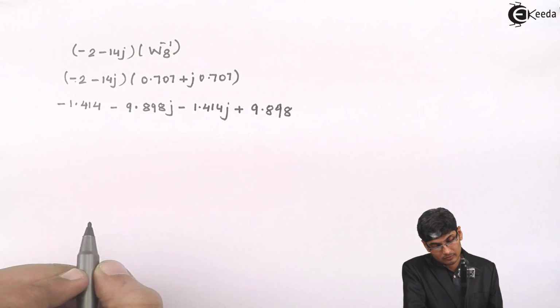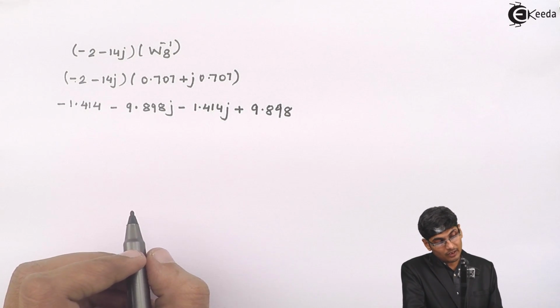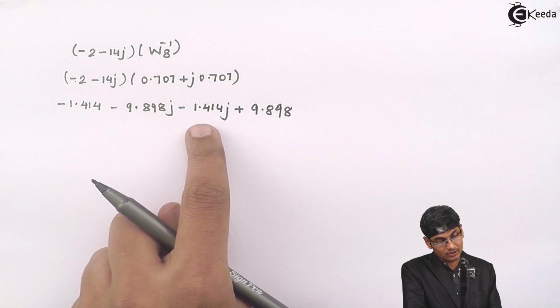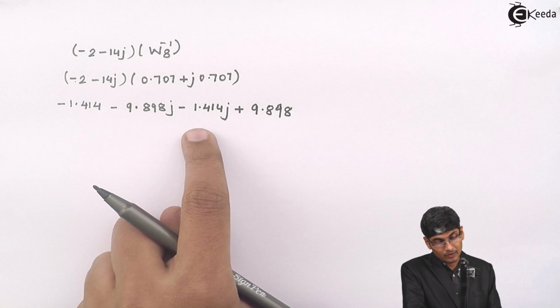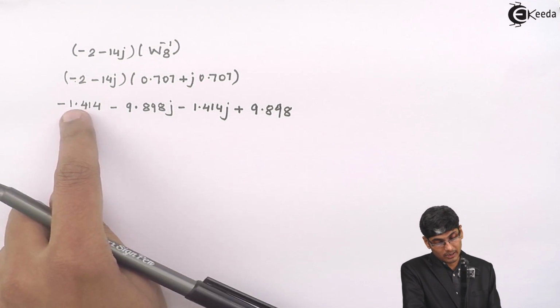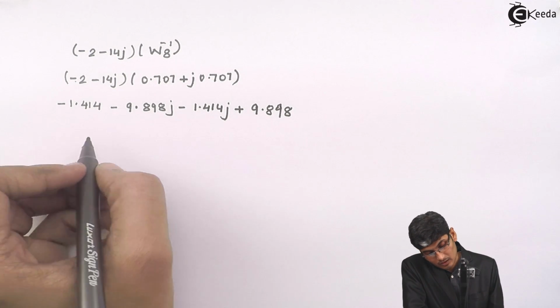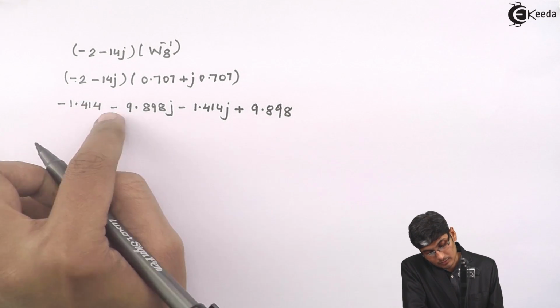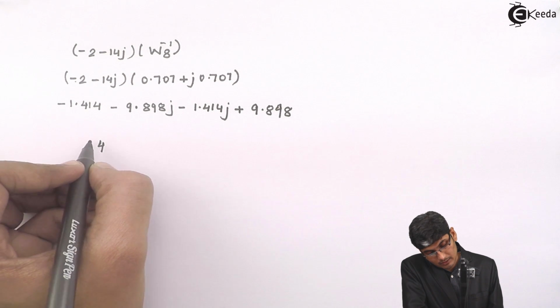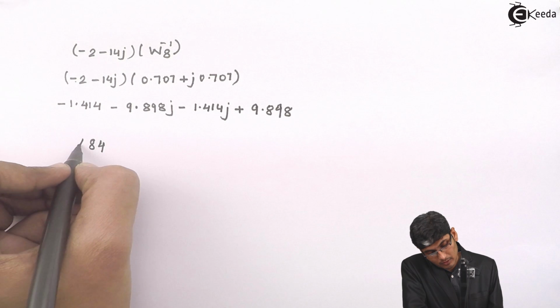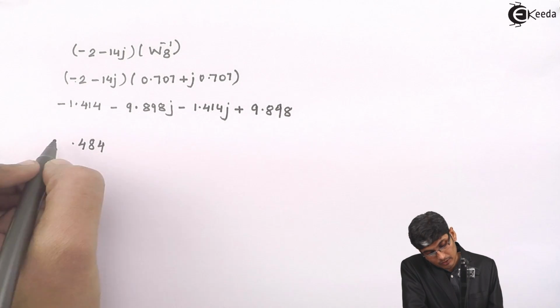Okay, now further if I do the addition, here it will be an addition, okay, and here it will be a subtraction. So if I perform this subtraction, I am going to get 4 from here, 4, then from here I am going to get 8, then I'm going to get 4 back, and then I'm going to get 8.